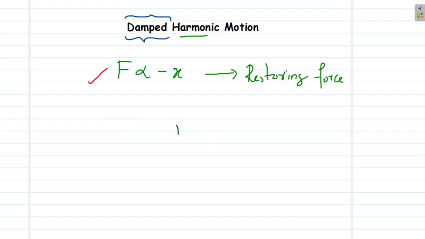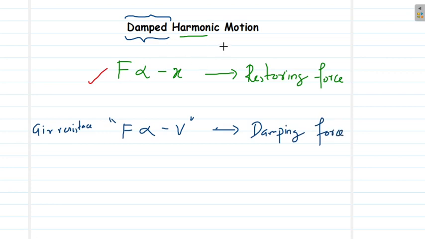So if v is the velocity of the system, this damping force will be proportional to minus v. This force tries to slow down the system and bring it to rest. For example, the air resistance or the viscous force that we feel are examples of this damping force. So this is damping force.